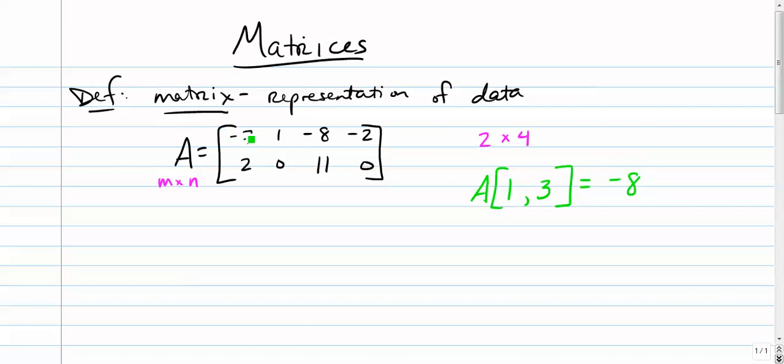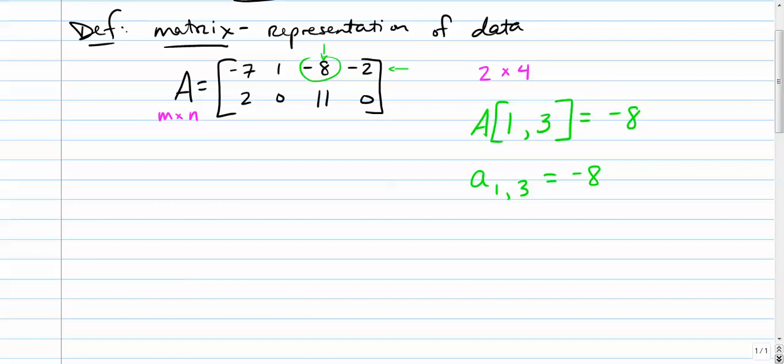It's in the first row and it's column 3. So row 1, column 3 is this entry right there, -8. Capital letters stand for matrices, lowercase letters stand for entries. So we can also denote that by using the lowercase a 1, comma 3. That is also the same thing.